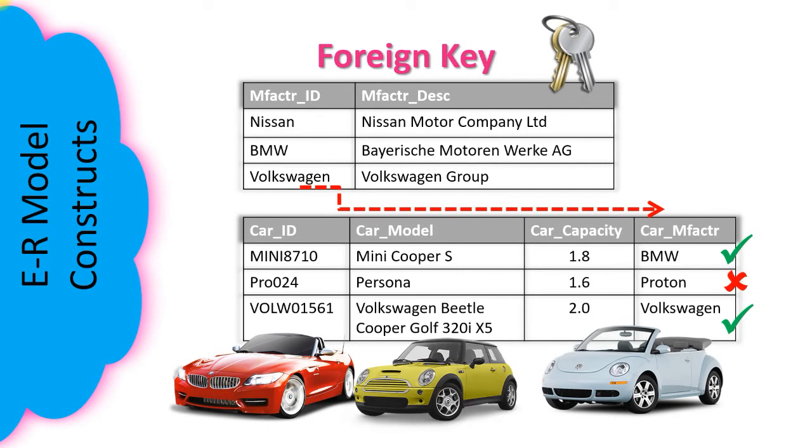In my explanation just now, I have shared with you the referential constraint. It is the rule that controls the redundancy that occurs between these two tables. Here we have the foreign key for the car table, which is manufacturer ID, duplicated from the primary key field or attribute of the manufacturer table.